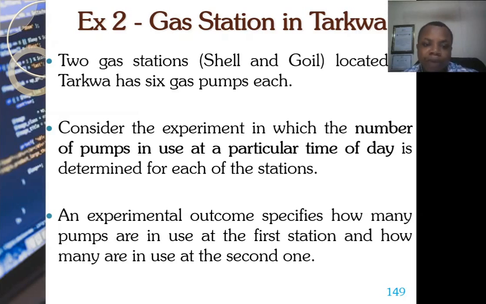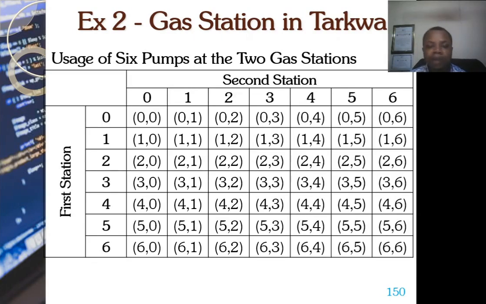So suppose that we are considering an experiment in which the number of pumps in use at a particular time of the day is determined for each station. All that this experiment is trying to do is to show the outcome, the number of pumps that will be in use at a particular time. So in this case, we can come up with a table just like this.